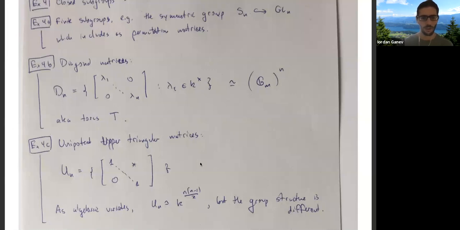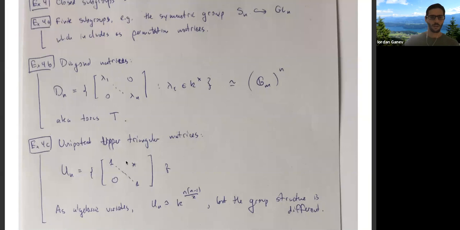If you think about it as a variety, it's homeomorphic to k to the n choose 2, but the group structure is different. We can think of k to the n choose 2 as a product of additive groups, GA to some power, with coordinate-wise addition.